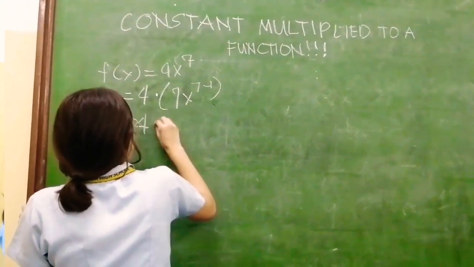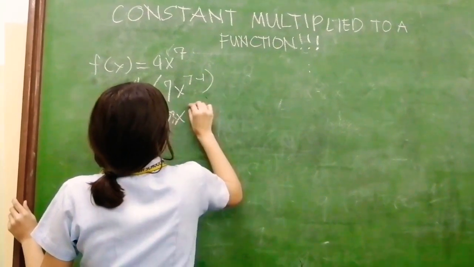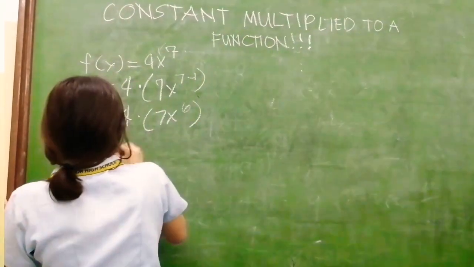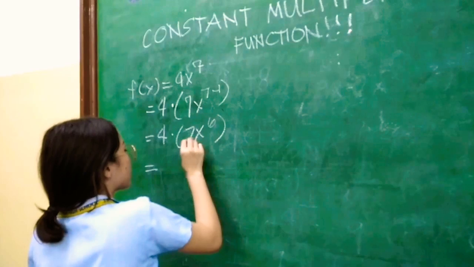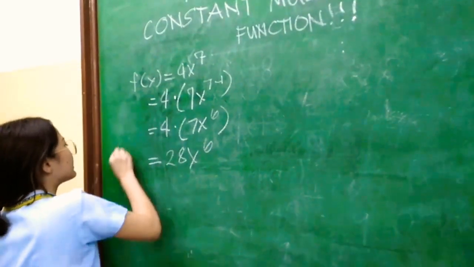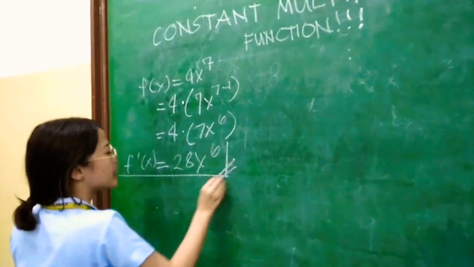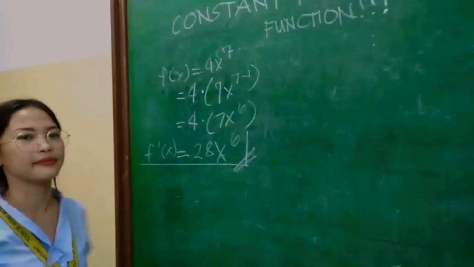So 4 times 7x, 7 minus 1 is equal to 6, and 4 times 7 is equal to 28x raised to the power of 6. So the final answer is f prime of x equals 28x raised to the power of 6.